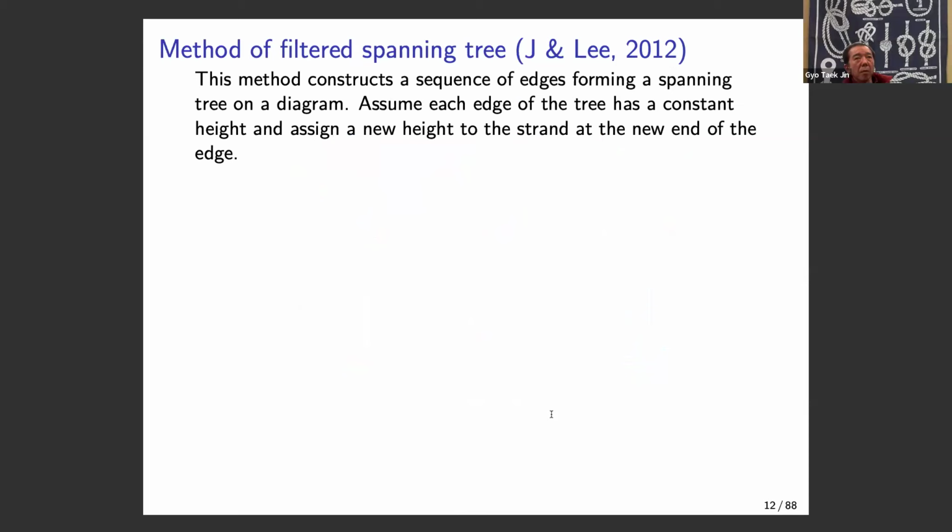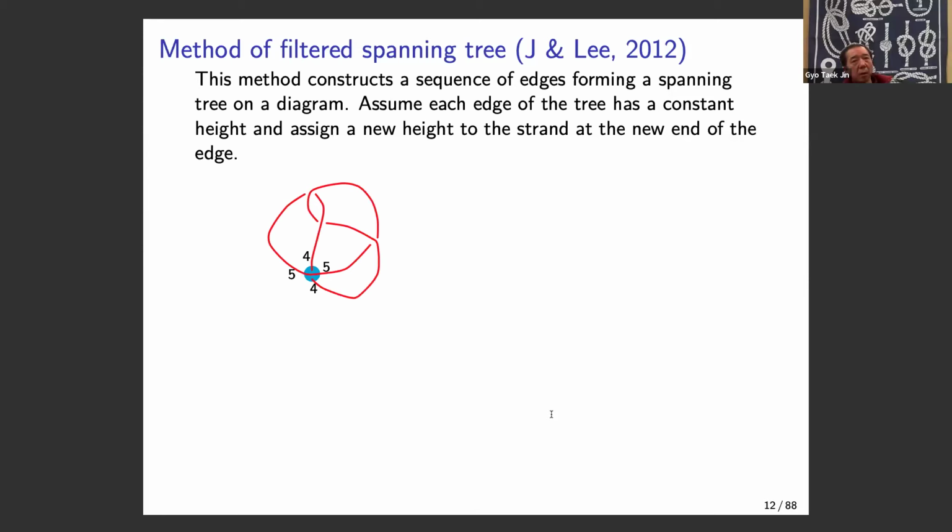And this method constructs a sequence of edges forming a spanning tree on a diagram, and assuming each edge of the tree has a constant height, assigns a new height to the strand at the new end of the edge.